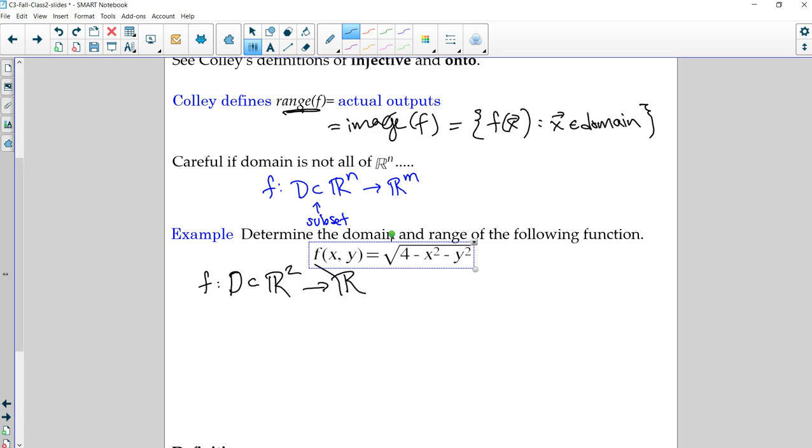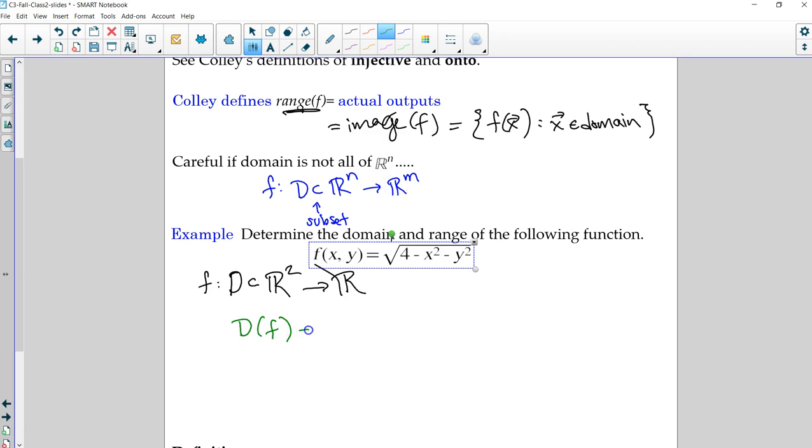With this analysis complete, we can go in and discuss the domain. My shorthand for domain, and you can adopt whatever notation you prefer as long as it's clear, is just big D of f. We'll abandon this notation a little bit later on in the course, but for now it'll be okay.